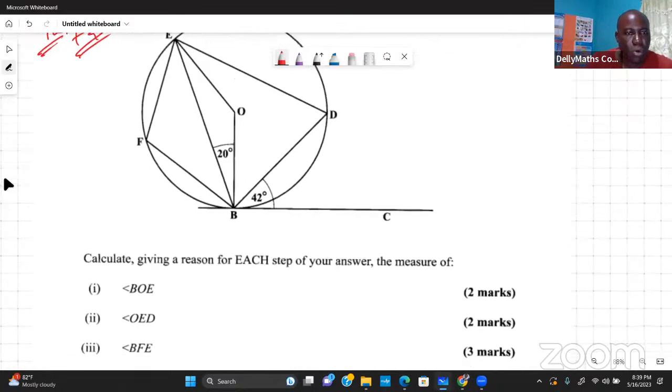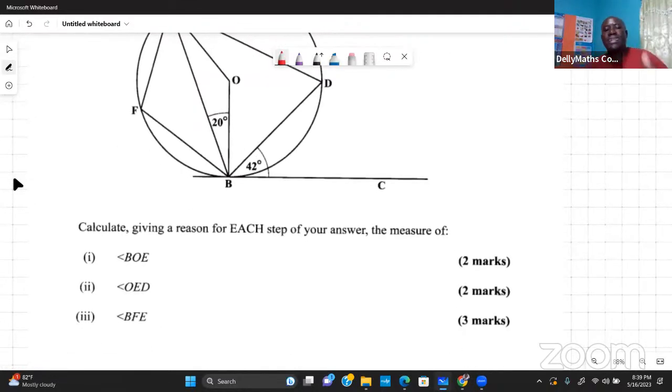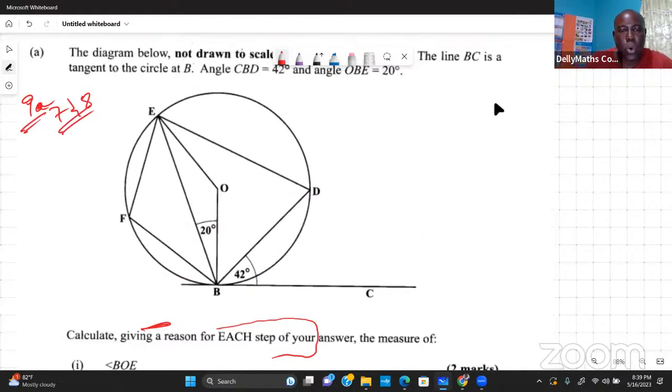Question time. What we want to do is to calculate, and we want to give a reason. Give a reason for each step, right? So every step needs some verification. The measure of BOE. Let's mark the angle first.